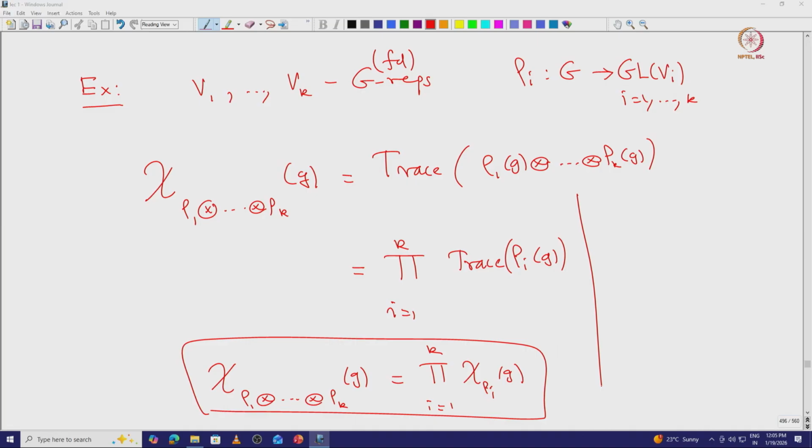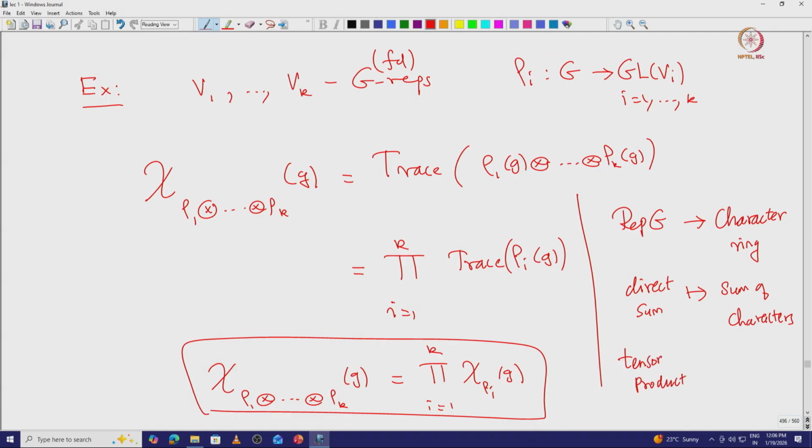If you look at the finite dimensional representations of G, and take what is called the character ring, where you consider all possible characters of the group G coming from the representations, then the direct sum maps to the sum of the characters, and the tensor product maps to the product of the characters.